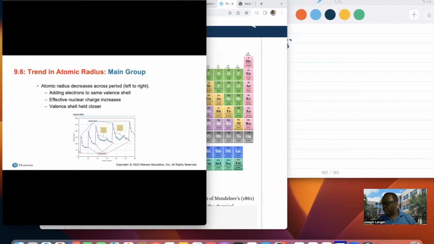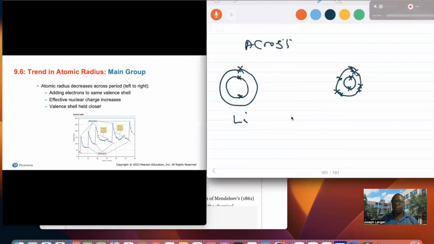And then for fluorine, number 9, with 9 electrons, I would need 7 in the valence shell: 1, 2, 3, 4, 5, 6, 7. We are adding electrons to the same valence shell.